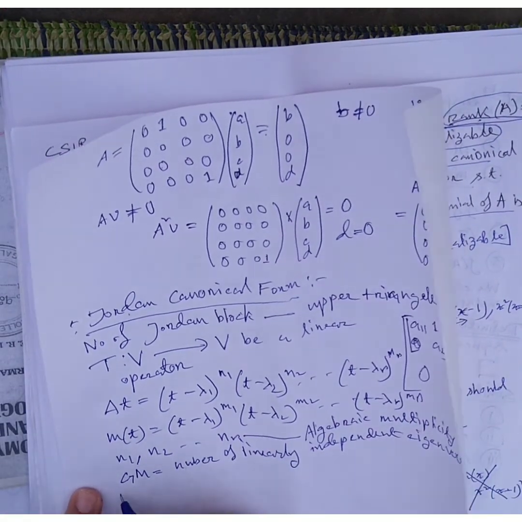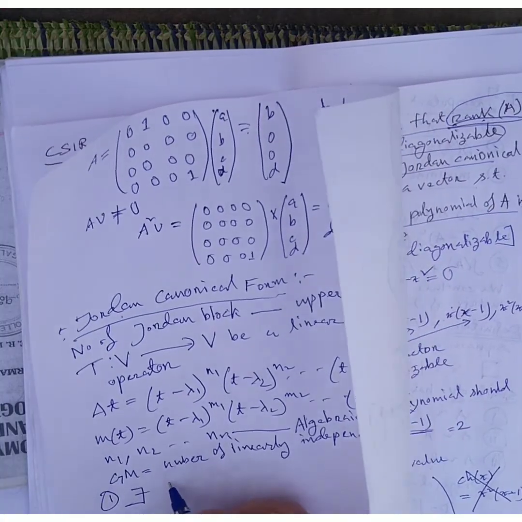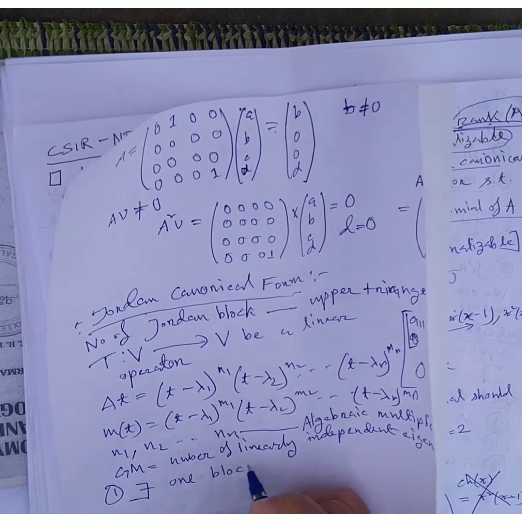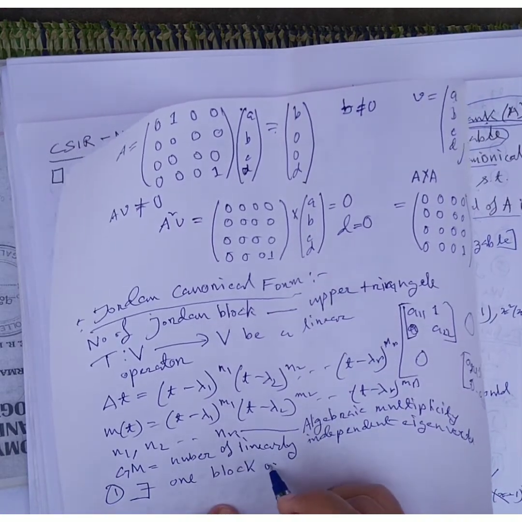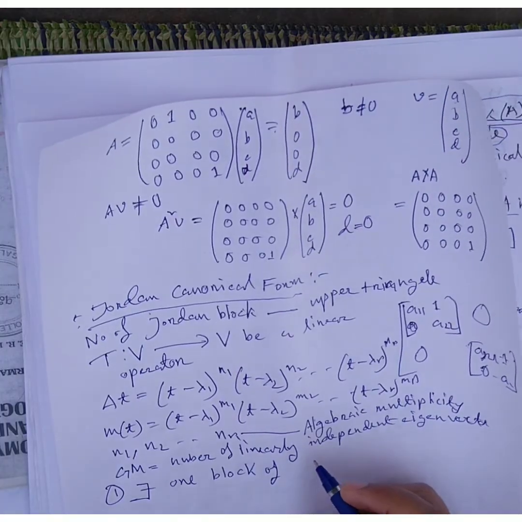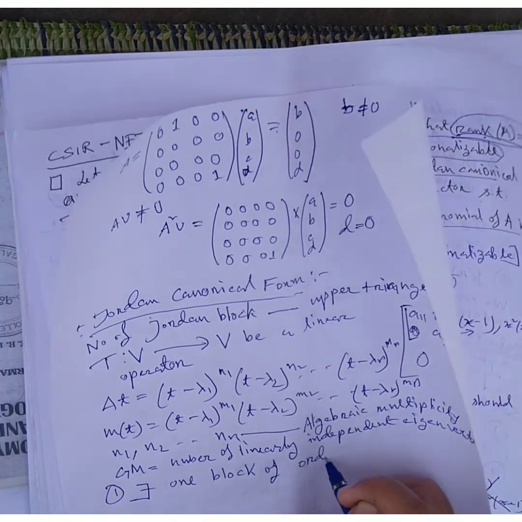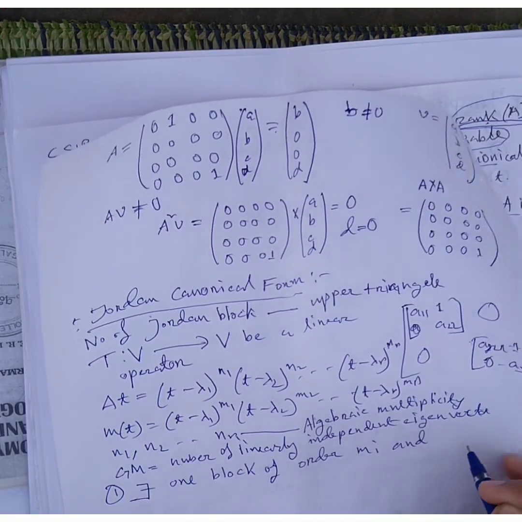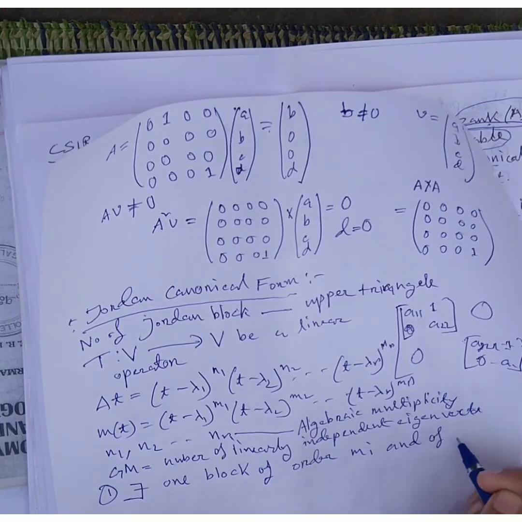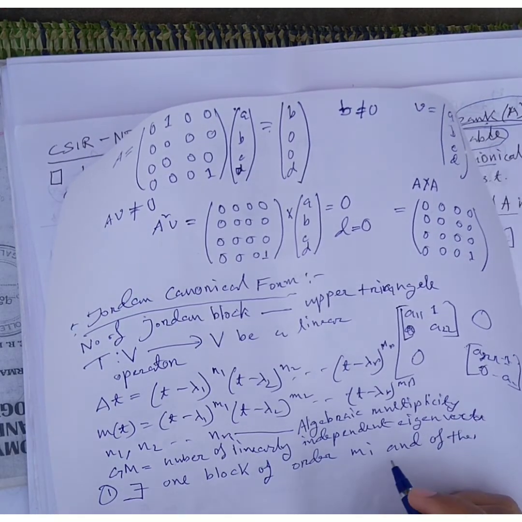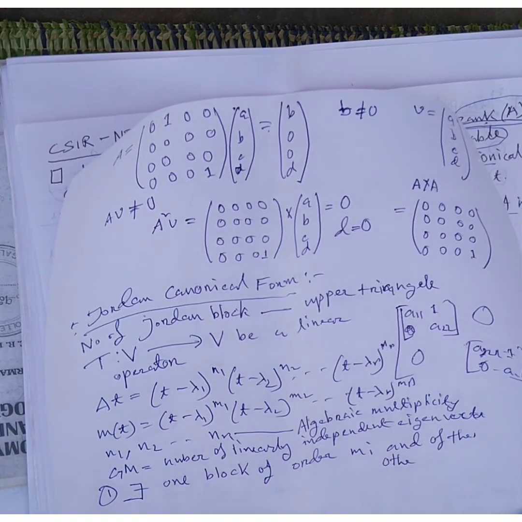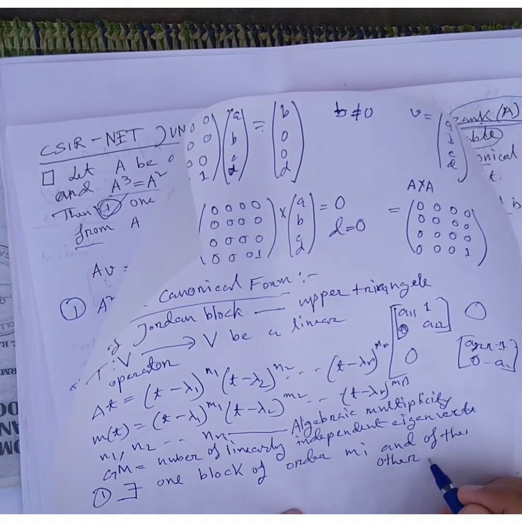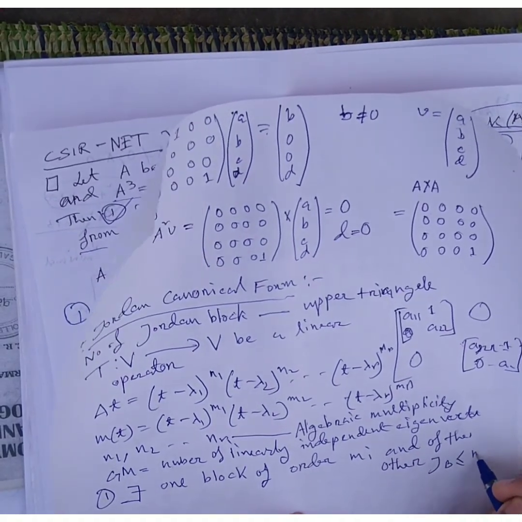Number one, there exists one block of order mi, and the order of the other blocks jb is less than or equal to mi.